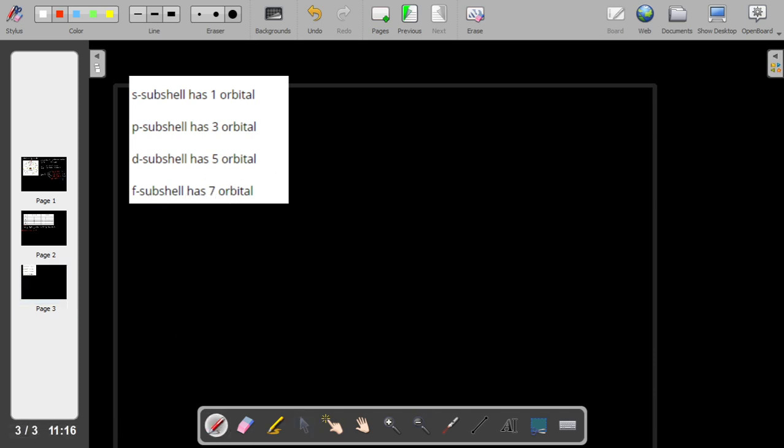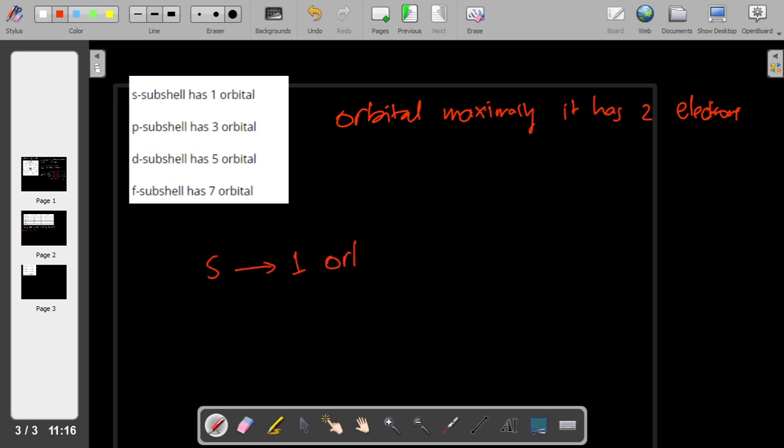In every orbital, there are maximally 2 electrons. An orbital is like a room. Because the s subshell has one orbital, it has one room, which consists of 2 electrons.